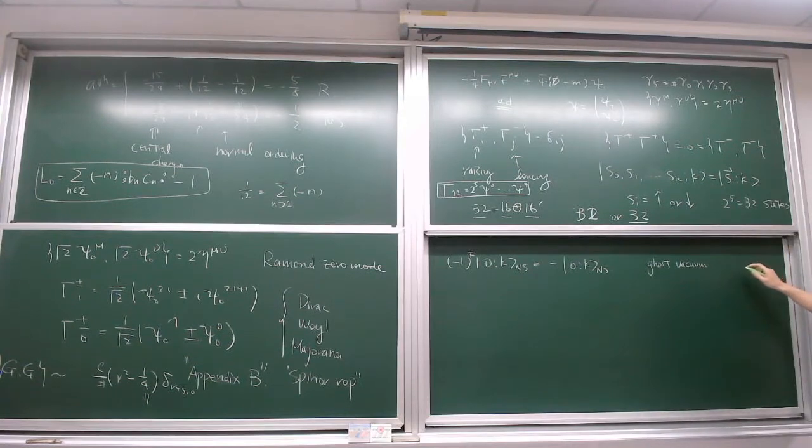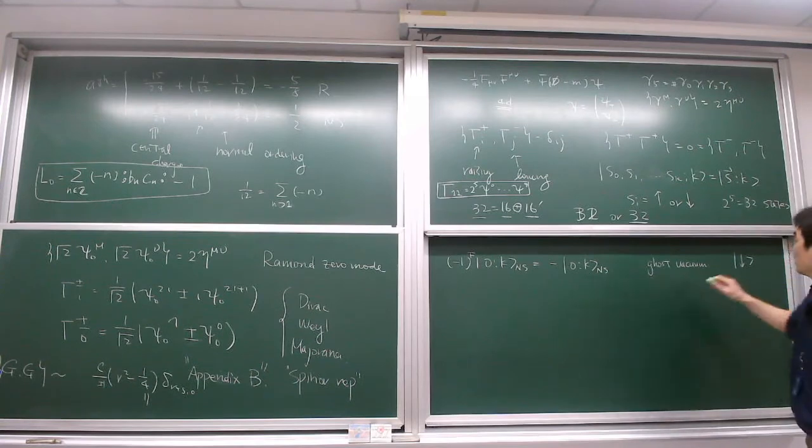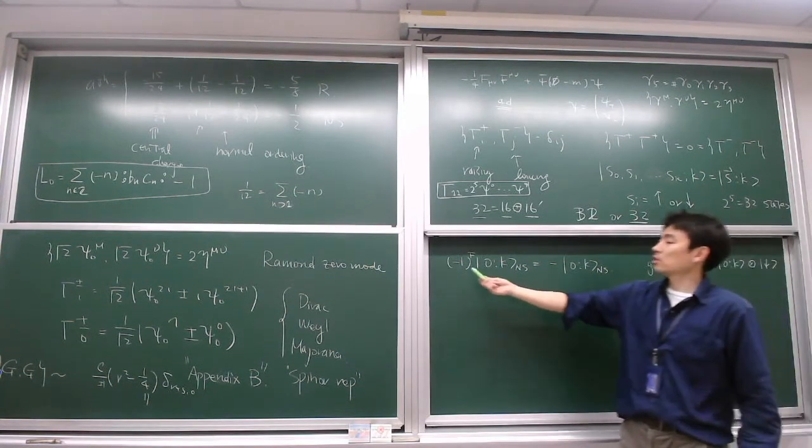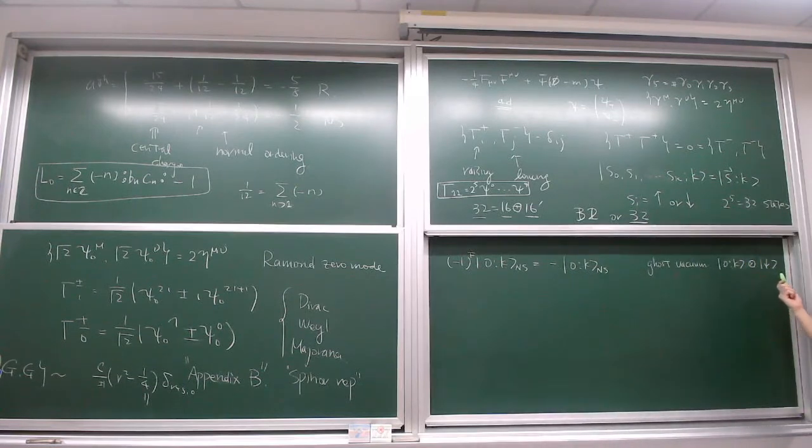As I mentioned, you have a BC ghost and you have down spin. You have to take the tensor product: the bosonic matter vacuum times this fermionic vacuum coming from the BC ghost. The reason why you get the fermionic is really due to the BC ghost vacuum.